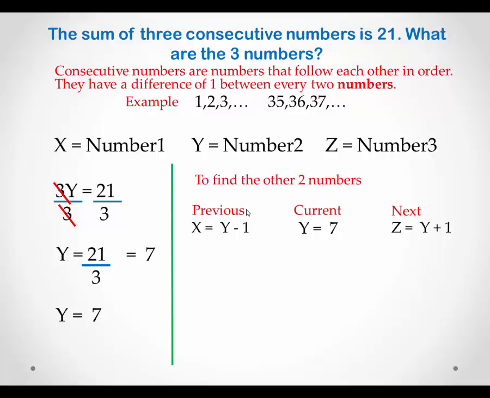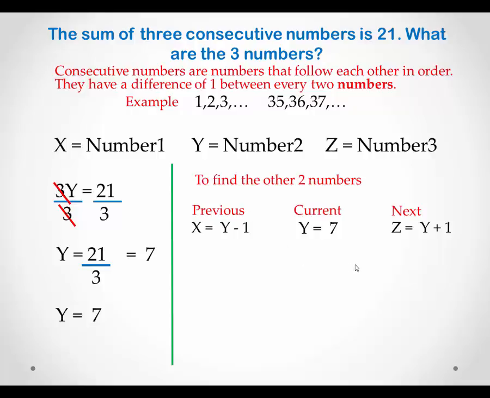When you add up the total and divide it by 3, the answer will always be the middle number in those three consecutive numbers. To get the other two numbers, all you have to do is subtract 1 from the middle number to get the previous, and add 1 to the middle number to get the next number in the sequence. So that is the trick to it.